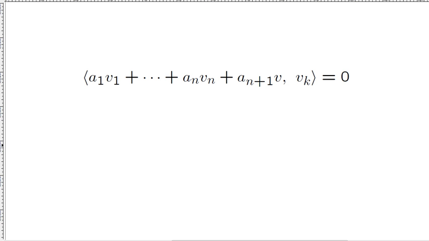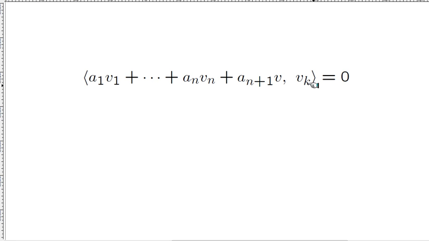Alright, let me explain the next step. This is to target all the elements inside that span of the n plus 1 vectors. In our case, v is sine 2 pi x, and these are the polynomials of degree up to 3. We're looking for all linear combinations here that are orthogonal to 1, x, x squared and x to the 3rd, so 4 vectors. This one will serve as the kth row.